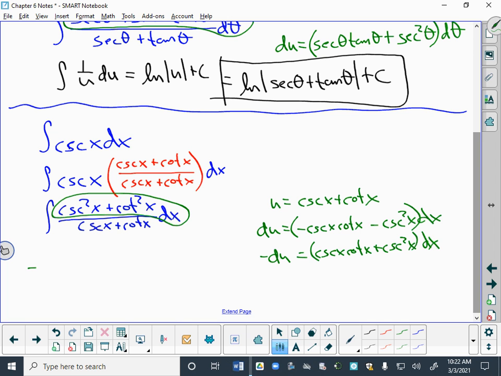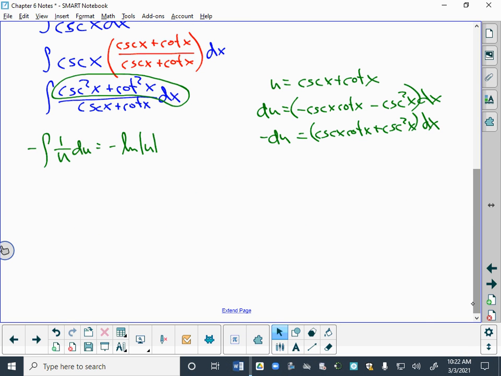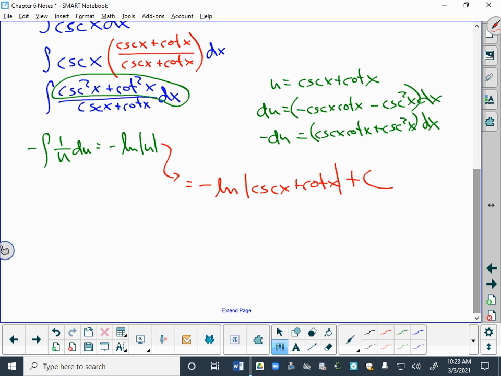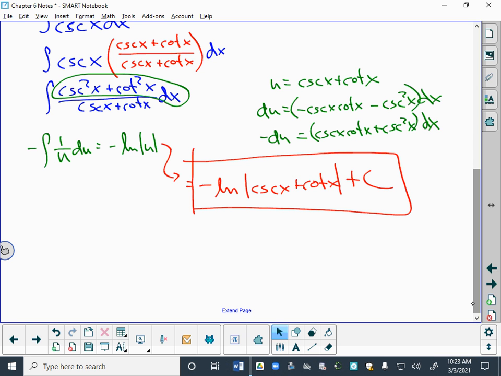So my problem becomes negative antiderivative of now 1 over u du, which is negative natural log absolute value of u, which will be negative natural log absolute value of cosecant x plus cotangent x plus a constant, and there is the antiderivative of cosecant. Pretty cool stuff.